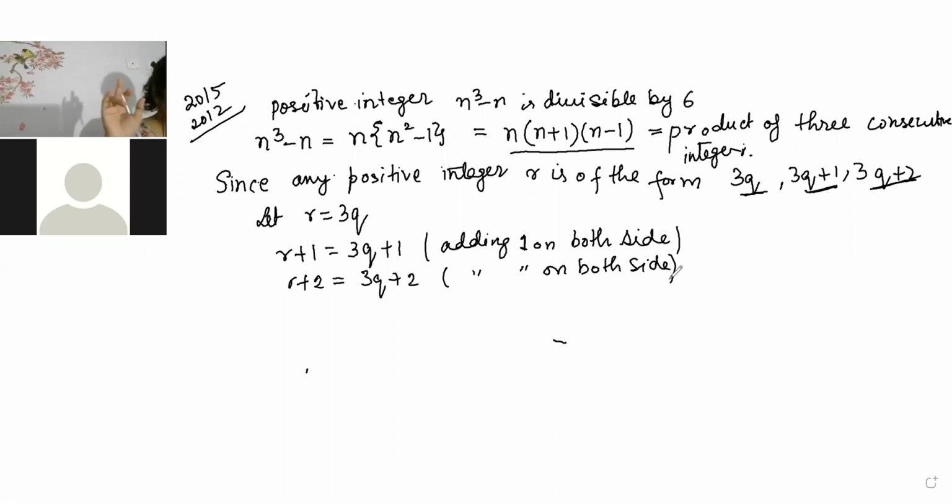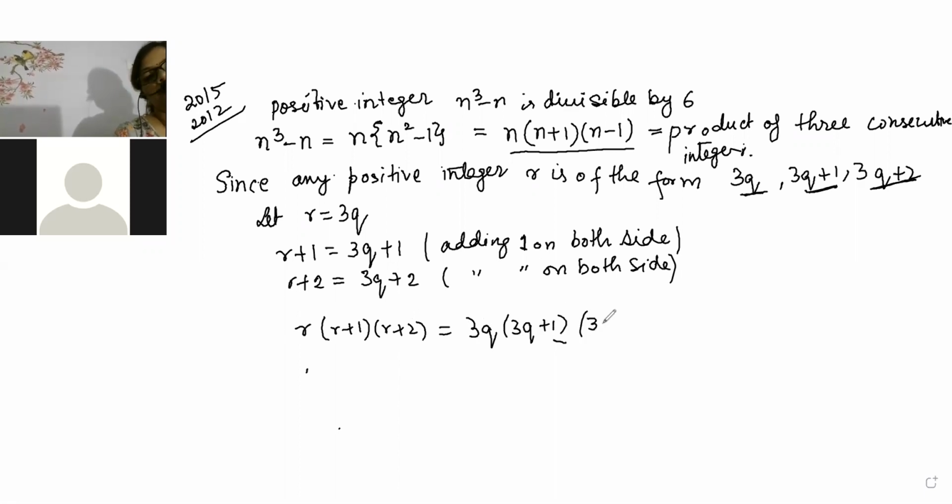So now beta, we will multiply all the three. That means r, r plus 1, r plus 2. The moment you do this, it will come 3q, 3q plus 1 and 3q plus 2.